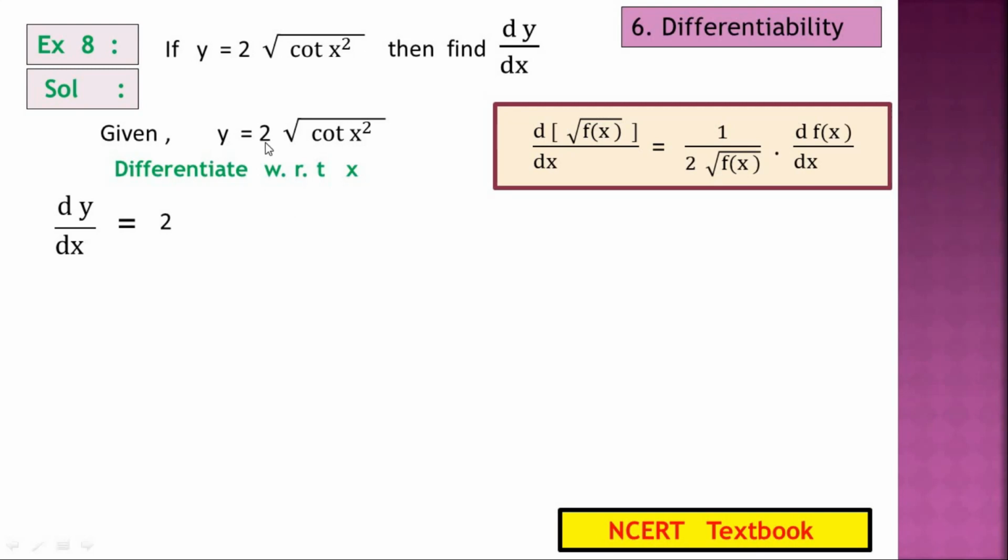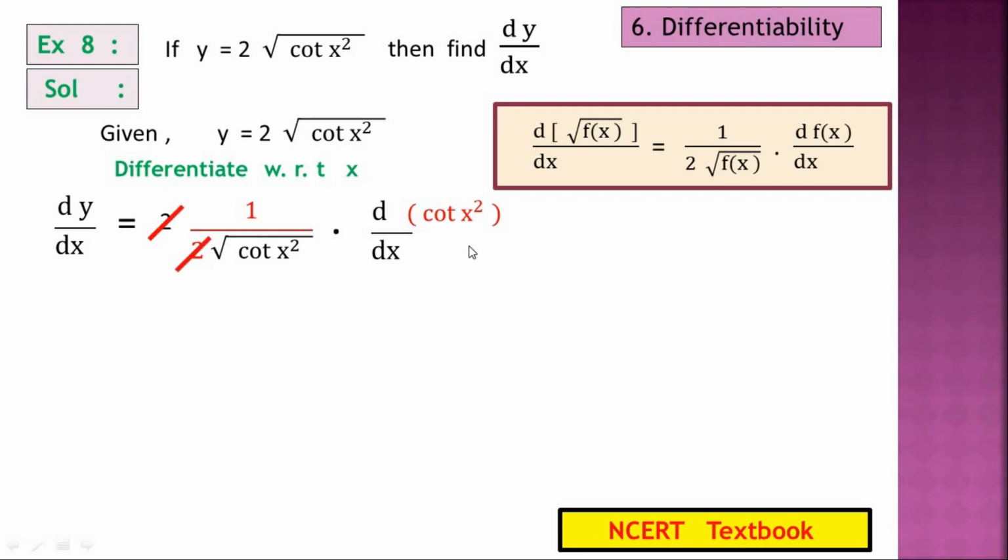First, I keep this constant as it is. This constant is multiplied to the function, keep as it is, into, now I write the derivative for root cot x square, that is 1 upon 2 root cot x square, into d by dx of the inside function, cot x square. Whatever is written is the derivative for the root part. Next, we write the derivative for the inside function.